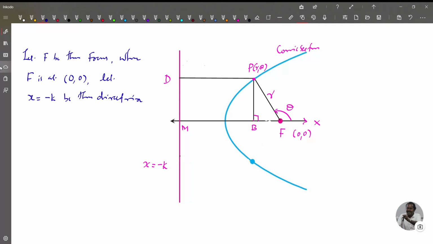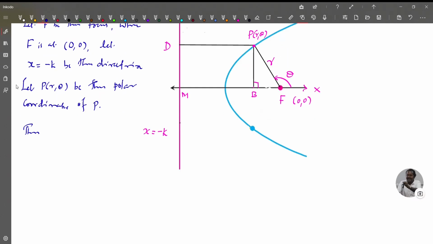Then let P, r theta, be the polar coordinates of P. Then by the focus-directrix property, FP is equal to e times PD. Here also FP is r, and PD is MB, which is equal to FM minus FB.